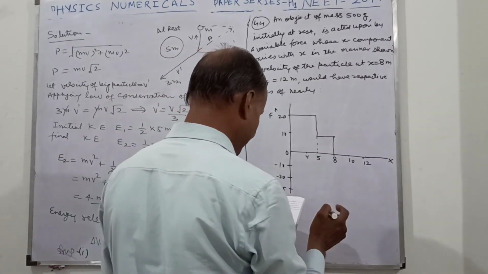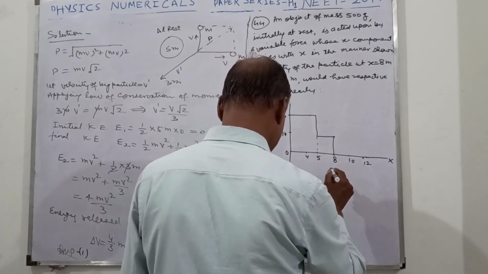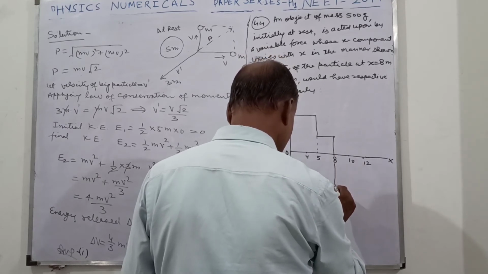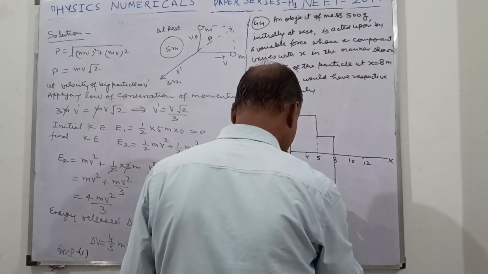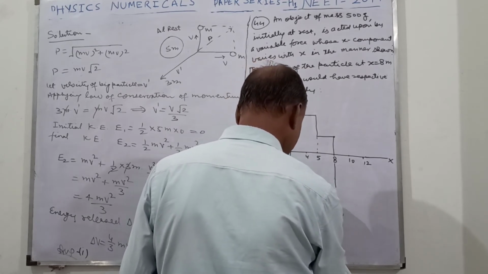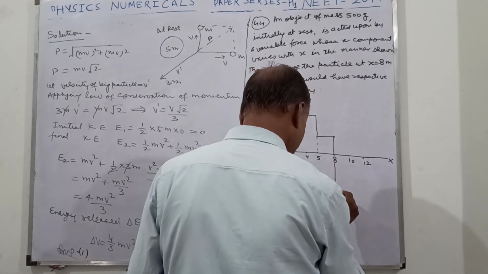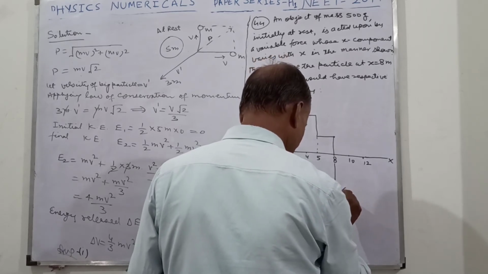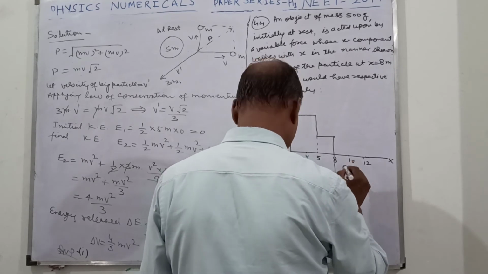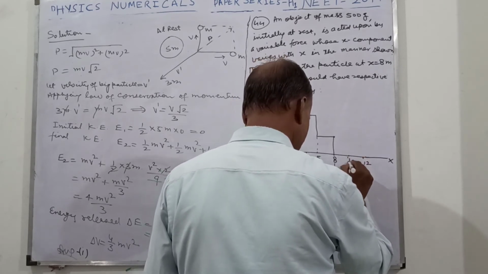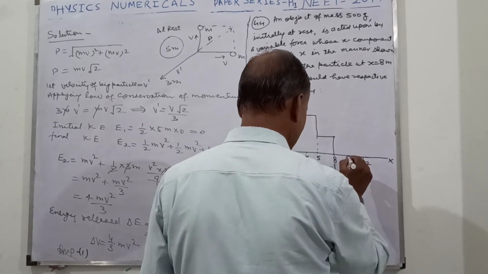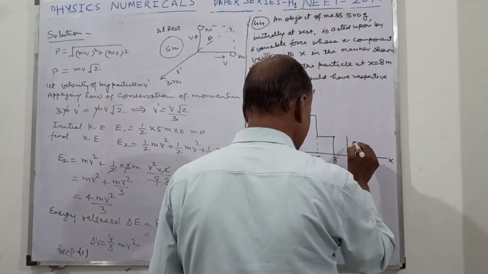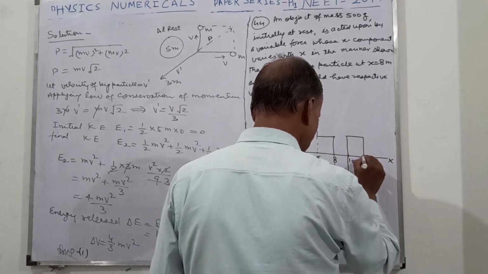So now then this 8, this is now 20, and then it goes to 10, and then after 10 this goes to so much, and then to so much.